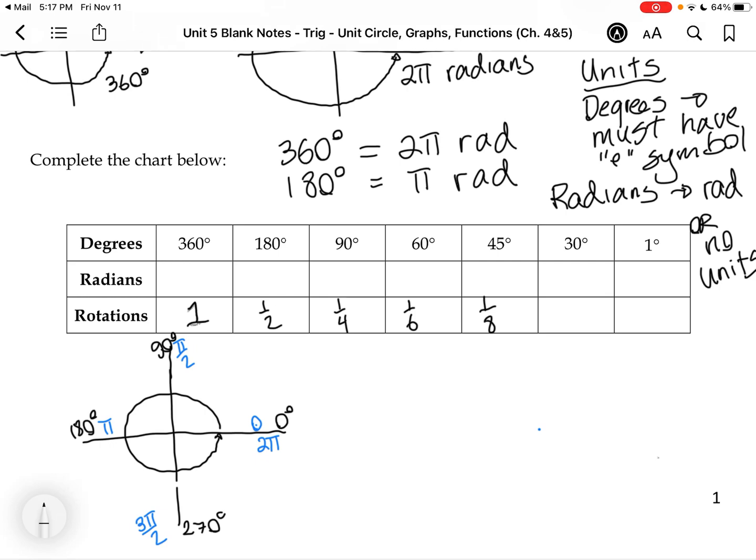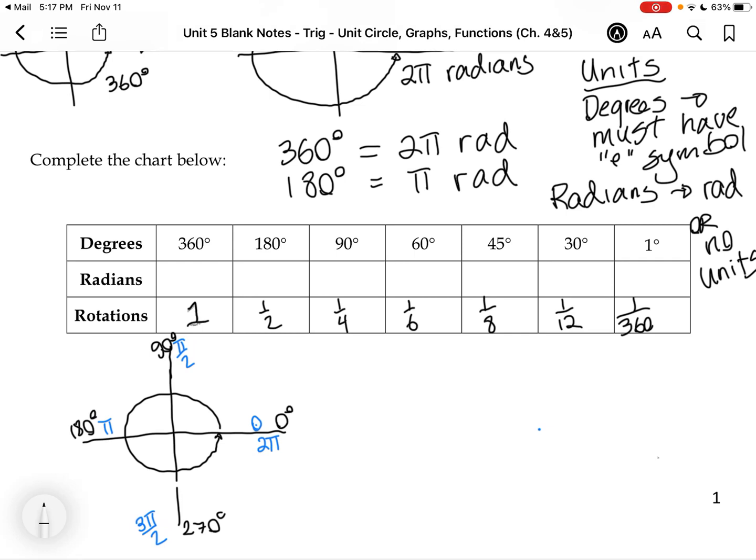And then 30 degrees, 30 over 360 is like 3 over 36, 1/12. And finally, 1 degree is 1/360th of a rotation. And that's what I was talking about before, where 1/360th of a rotation is approximately 1 day of the year, because there's 365 days. Not exactly, but pretty close.